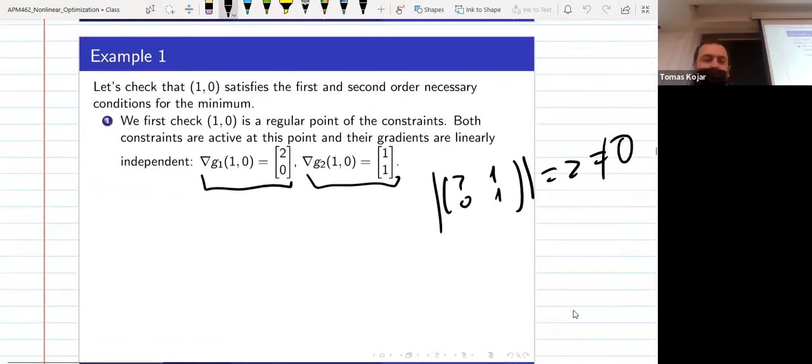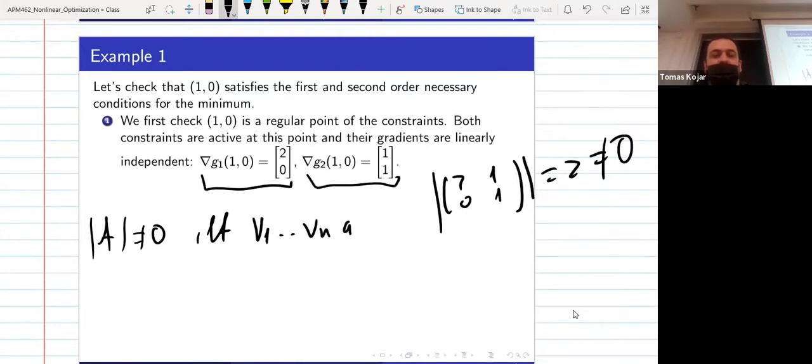Sure. So what should I explain? Why, if the determinant of A is not 0, then if and only if the vectors V1 to Vn are linearly independent?